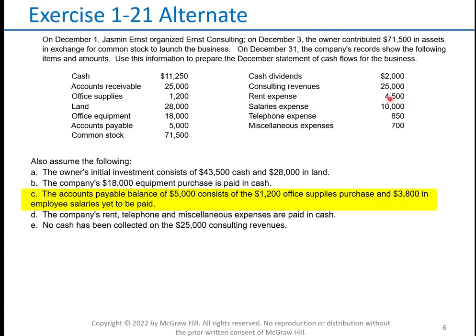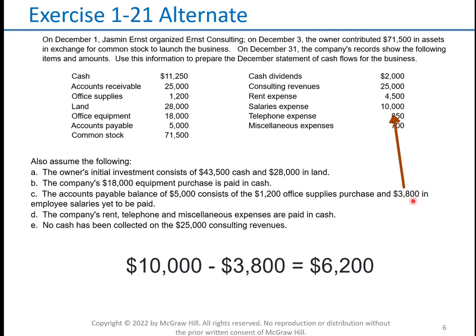So here's our salaries expense, $10,000. Well, we paid part of that in cash, and part of it we haven't paid yet. So the $3,800 that is still in accounts payable is not a cash item. The difference between $10,000 and $3,800 is how much cash we have paid in salaries to our employees.